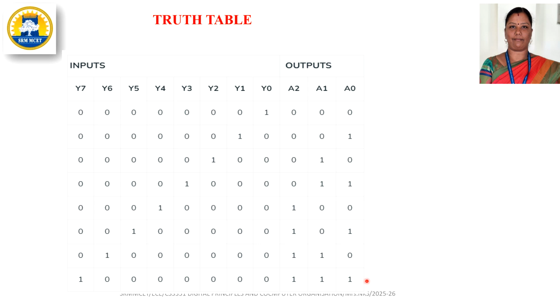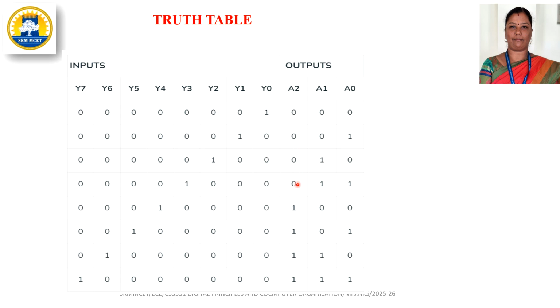Now we can see the circuit representation. To construct the circuit, we have to use a K-map for every output. First we design the circuit for A2.